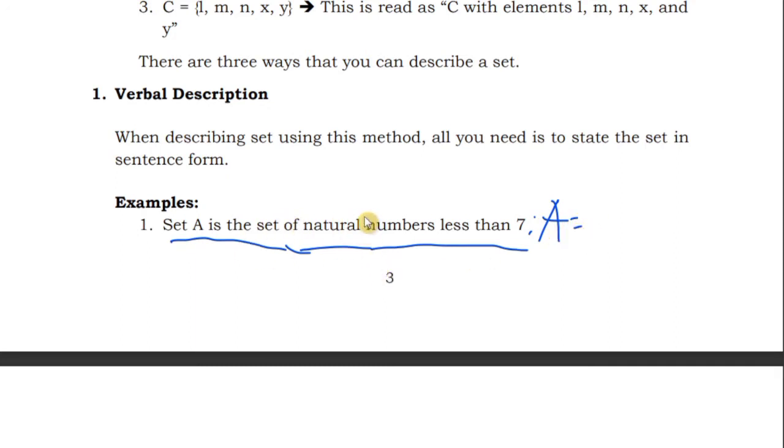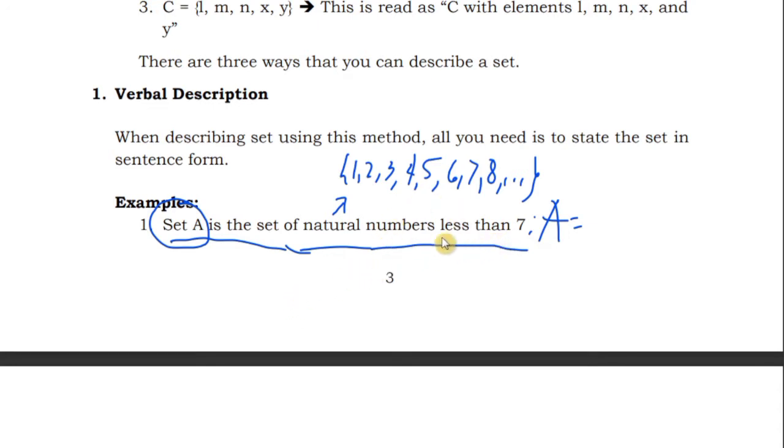Take note that when we talk about the set of natural numbers, it is an infinite set, because natural numbers are those elements composed of 1, 2, 3, 4, 5, 6, 7, 8, and so on. While here, it is specifically stated that set A is a set of natural numbers less than 7.